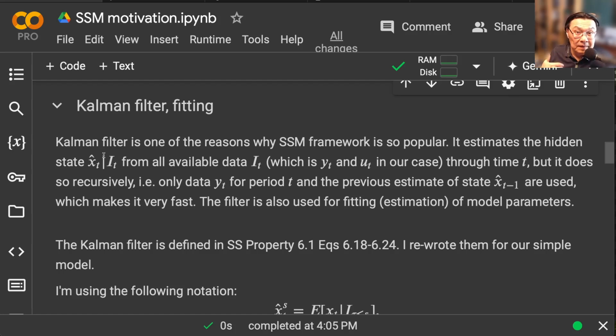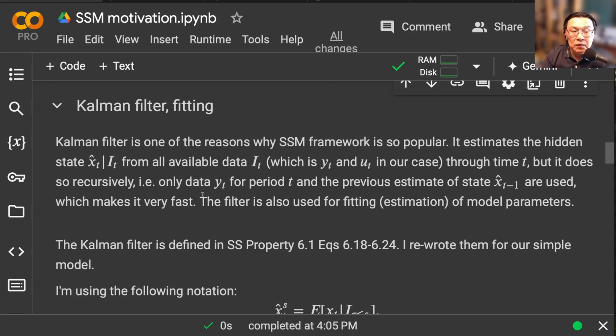So then you're moving left to right, from the past to the future, and at every step you're using your previous estimate of x_t, and then just the new data point. So that way you don't need to process the entire data set every time for every point. You're recursively progressing with your filter in time, right?